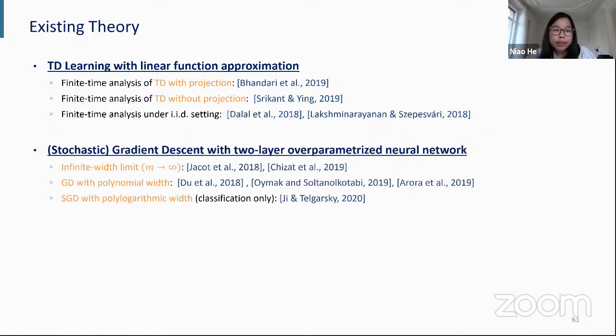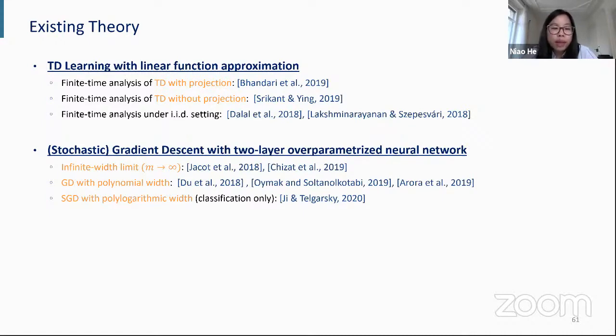There is also a very active line of research in deep learning theory that studies the generalization of gradient descent type algorithms with two-layer overparameterized neural networks. And these are also in the spotlight of deep learning theory.